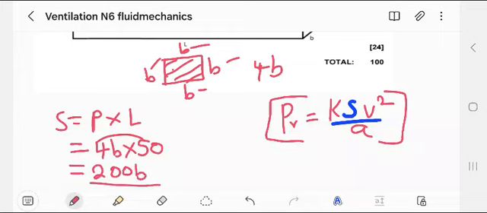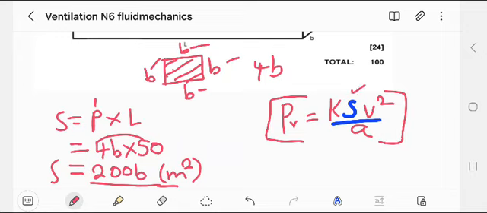This is the rubbing surface in terms of B. It is measured in meters squared, because the perimeter is measured in meters and the length is measured in meters, so the result is meters squared. You can include it as SI units if you want.